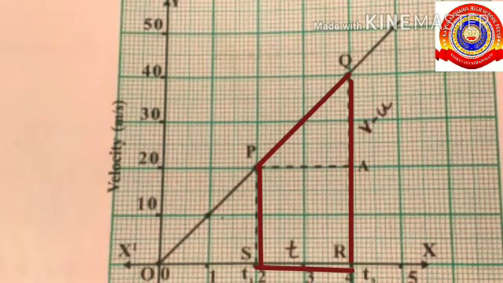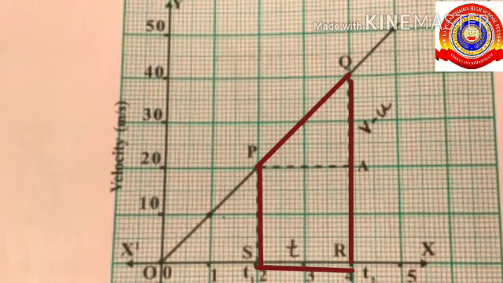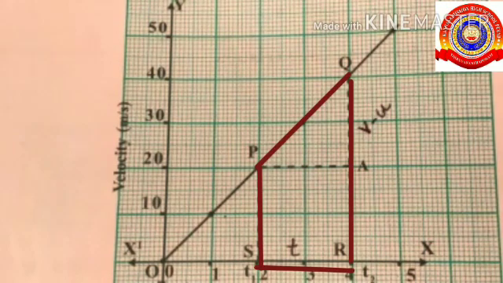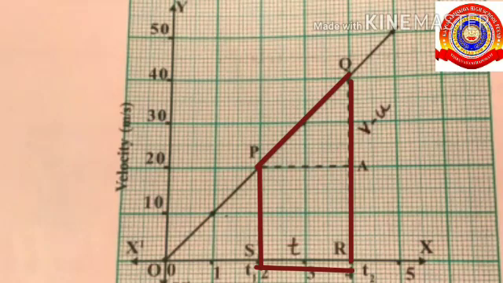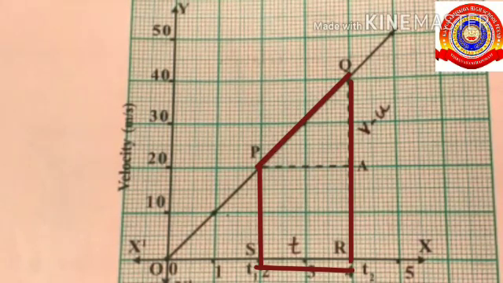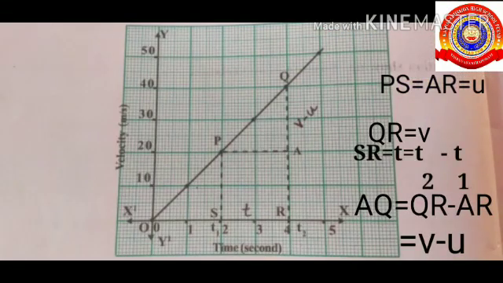Here the trapezium is PQRS. Let small letter u be the velocity of the body at time t1 and v be that at time t2. In the graph, the points P and Q correspond to u and v respectively. Students, can you see the trapezium PQRS? Yes.